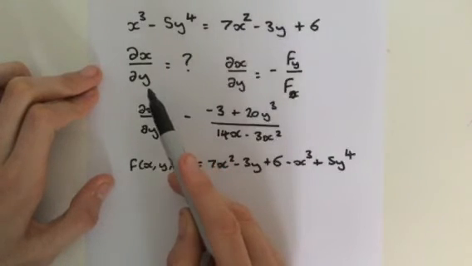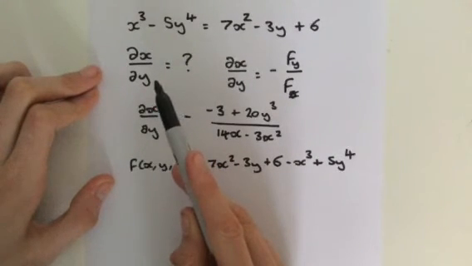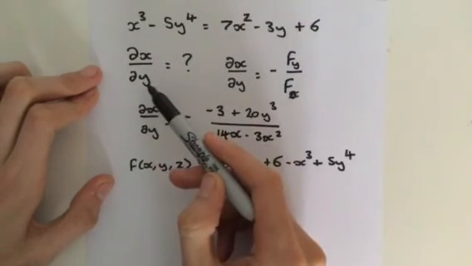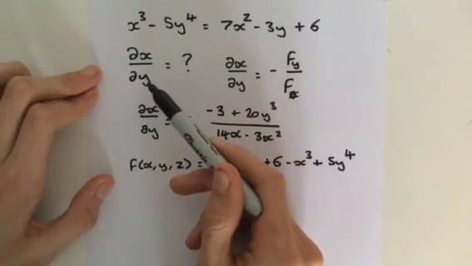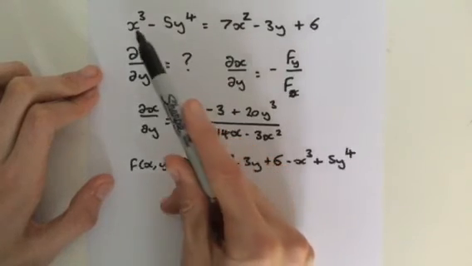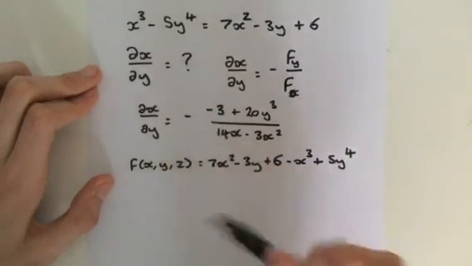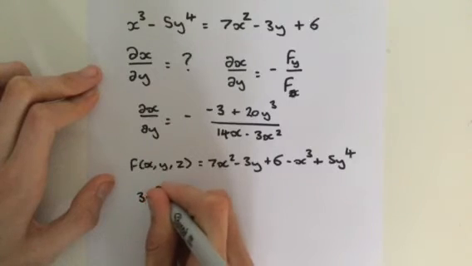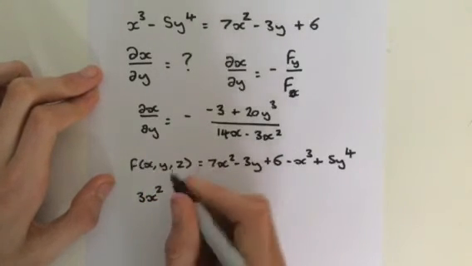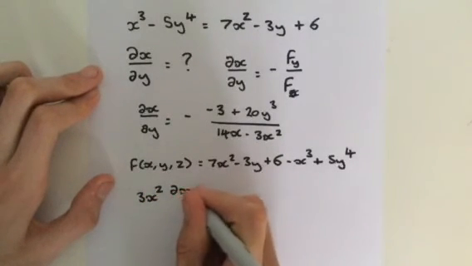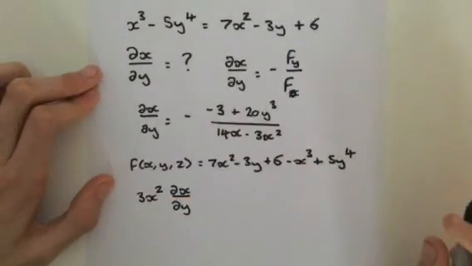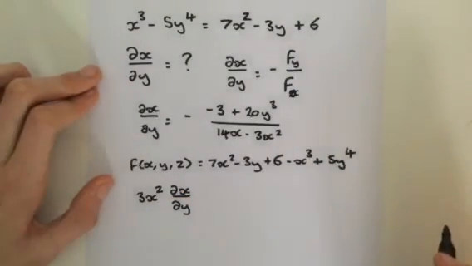So x is our dependent variable, y is our independent variable. The derivative of x cubed gives us 3x squared. Now we have to multiply that by the partial of x with respect to y, because x is our dependent variable in this case.